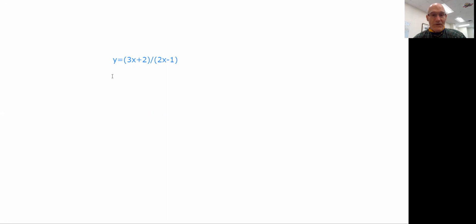So the first thing we will do here is rewrite this equation and switch the x's and the y's. So I have x equals (3y plus 2) divided by (2y minus 1). Now, once we get here, we need to solve for y.